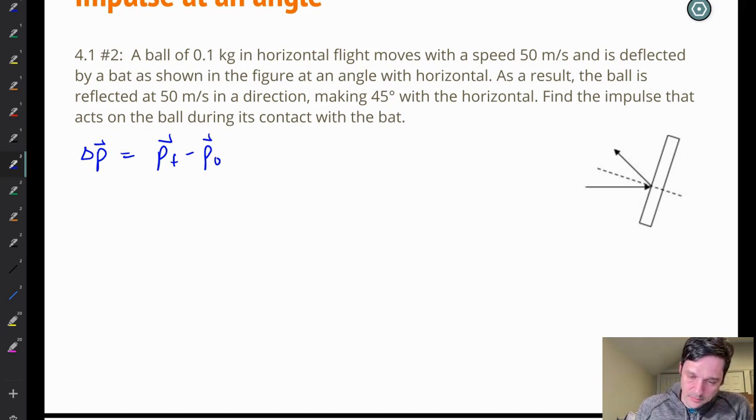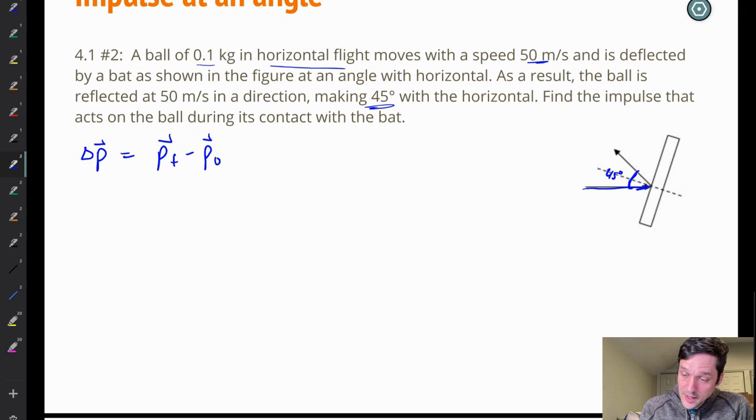And so let's take this ball of 0.1 kilograms in flight horizontally. So that's this incoming arrow, and it moves with a speed of 50 meters per second. It is deflected, and it comes off of the bat, making an angle of 45 degrees with the horizontal. So it's coming off where that angle is 45 degrees.